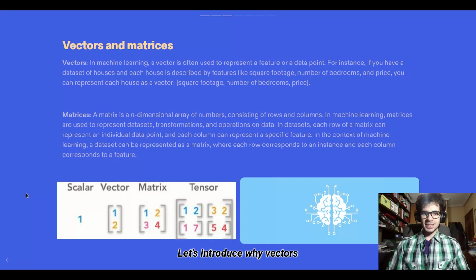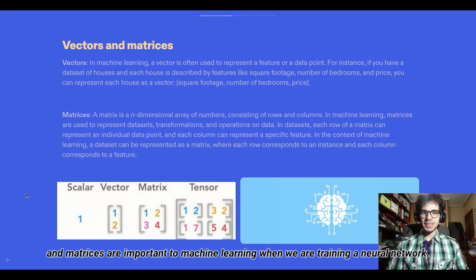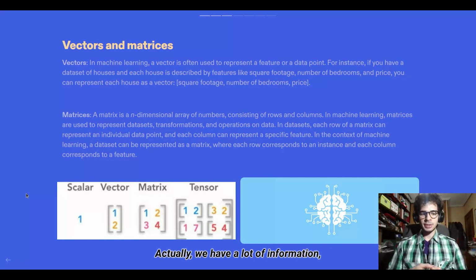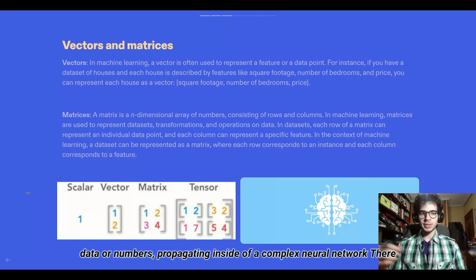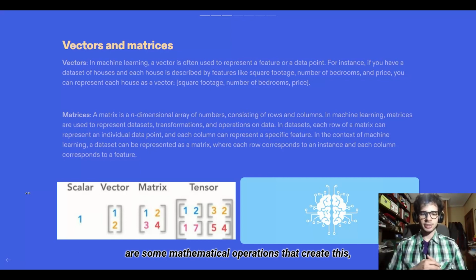First, let's introduce why vectors and matrices are important to machine learning. When we are training a neural network, we have a lot of information, data or numbers propagating inside of a complex neural network. There are some mathematical operations that create this training, this knowledge learning.